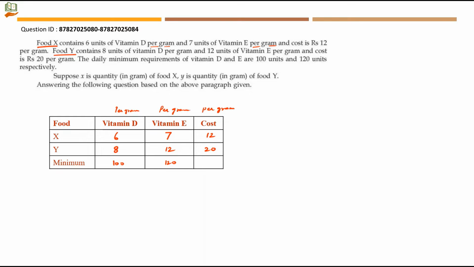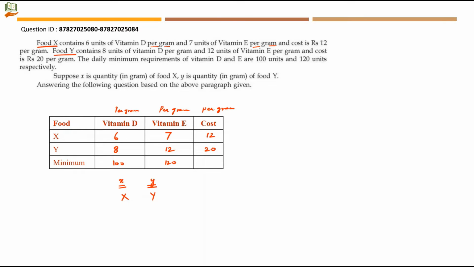We are representing the equation in terms of x and y. So this x will represent the food X quantity and this y will represent the food Y quantity. These are the details we can get from this question.